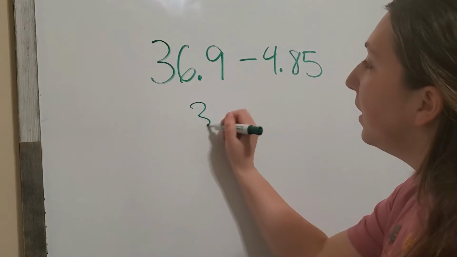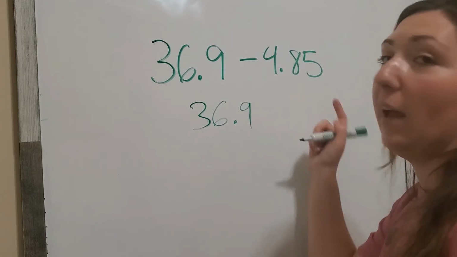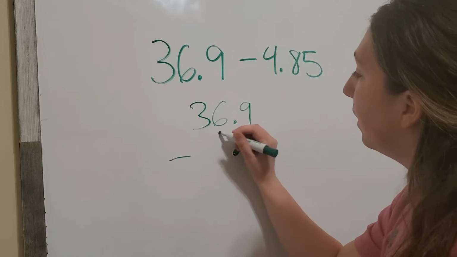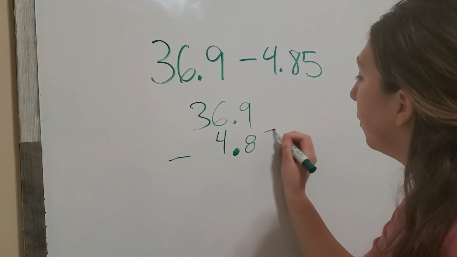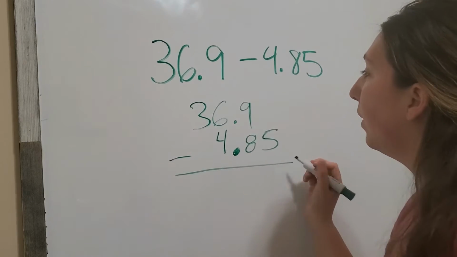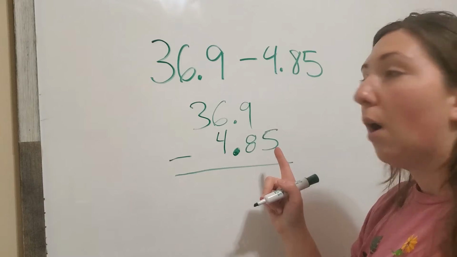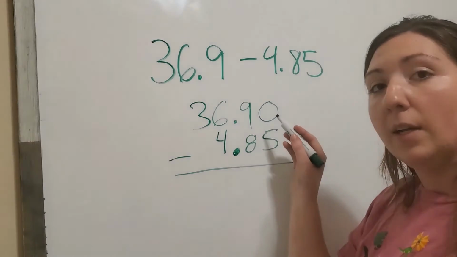Okay, on to subtracting with decimals. So we have 36.9 here minus 4.85. I'm going to go ahead and put my decimal point here so I can make sure that I line up the 4 in front of the decimal and the 8 behind the decimal correctly. Now here, it's a bit different from our addition problem because here there would be a 0, right?